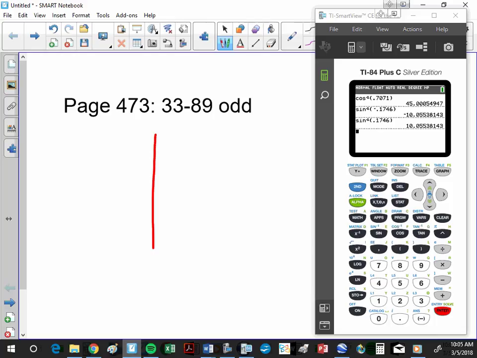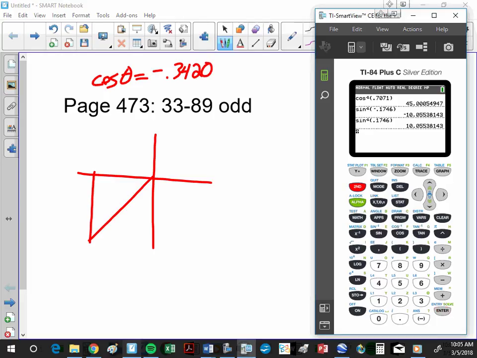We're in 3. So we're right here in quadrant 3, and we have the cosine of theta is equal to negative 0.3420. So I'm going to invert the cosine of, why not the negative?